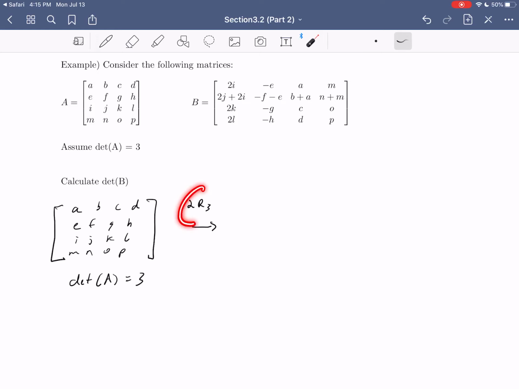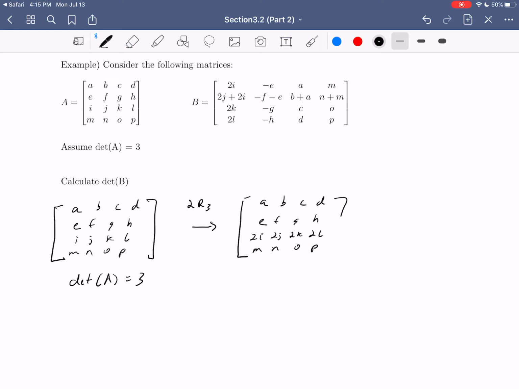So if I multiply row 3 by 2, I'm going to multiply that determinant by 2, and I will know that the matrix A, B, C, D, E, F, G, H, 2I, 2J, 2K, 2L, M, N, O, P must have a determinant of 6. The determinant here equals 6, because I multiplied a row by 2.